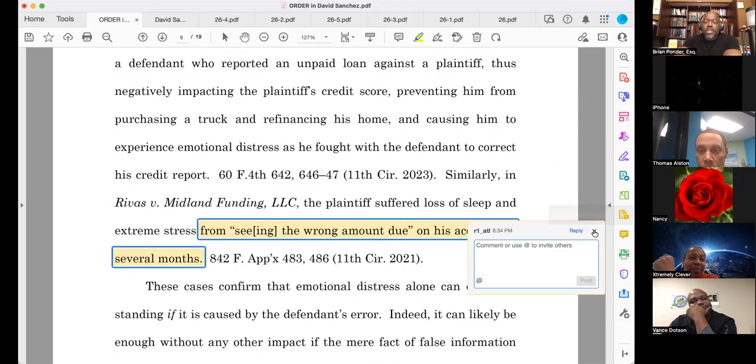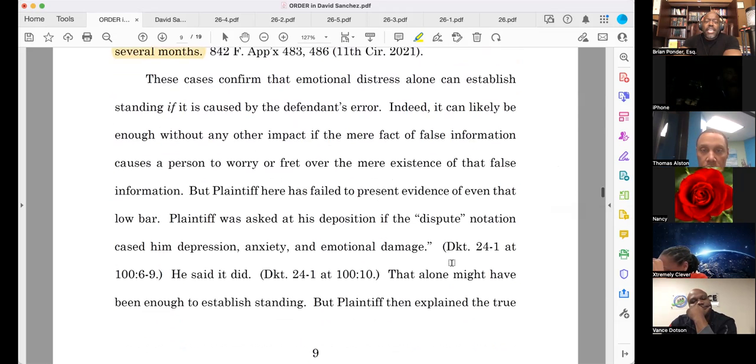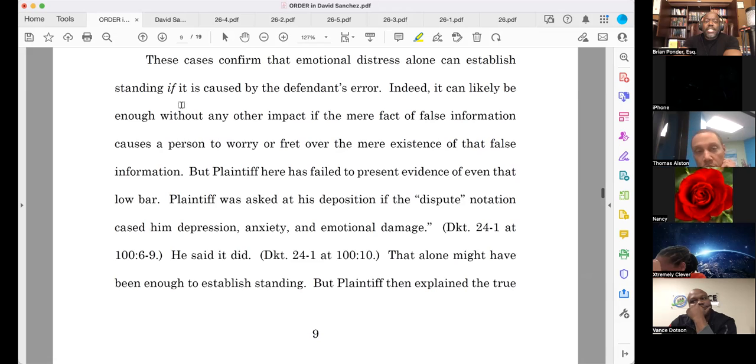These cases confirm that emotional distress alone can establish standing if it's caused by the defendant's error. Indeed, it can likely be enough without any other impact, the mere fact of false information. But the plaintiff here has failed to present evidence even at that low bar. So again, the evidence means the tie. You allege distress, but you didn't have enough grass in it, so nobody wants to buy that basket.